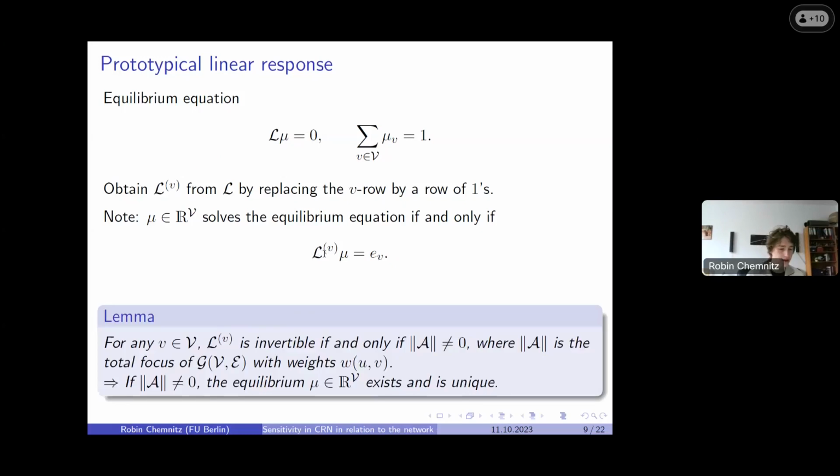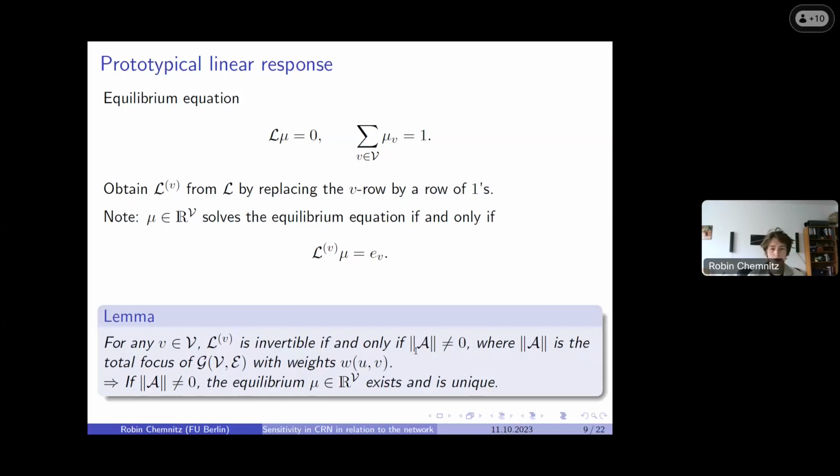So of course there's a solution that is unique if and only if this L_V is invertible. And it turns out that if one of these L_V is invertible, then all of them are invertible, and it's invertible if and only if the total focus of the graph, where the graph we consider is the graph we introduced in the beginning with non-zero weights, is not zero.